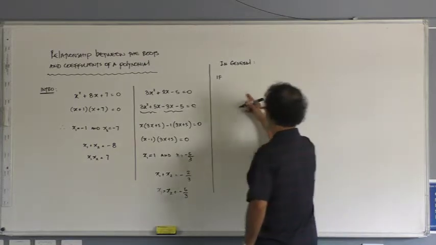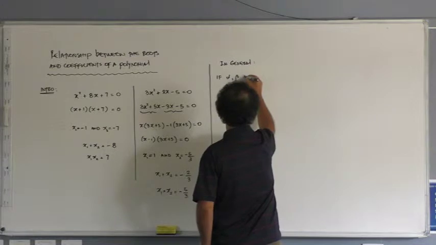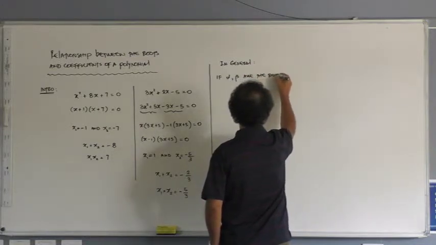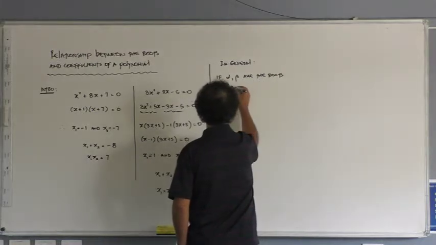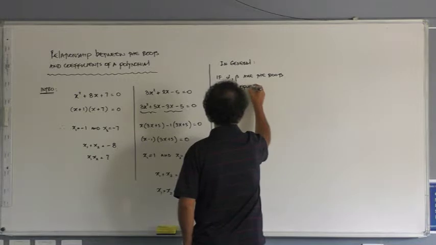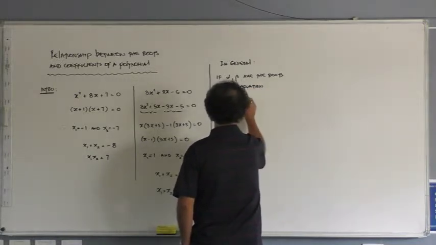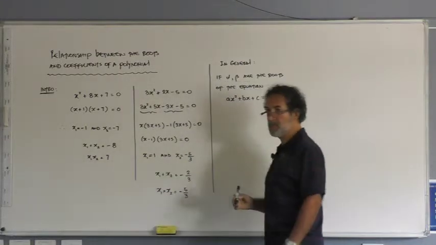So we're going to say if alpha and beta are the roots of the equation ax squared plus bx plus c equal 0.